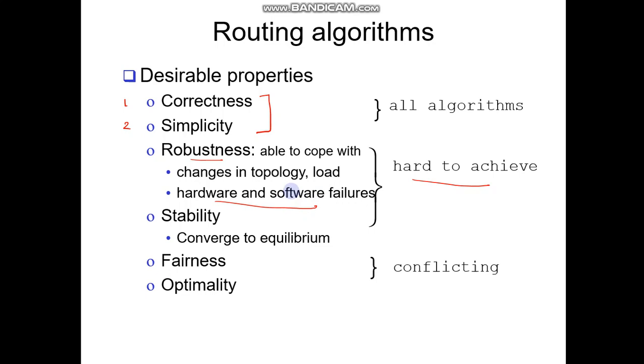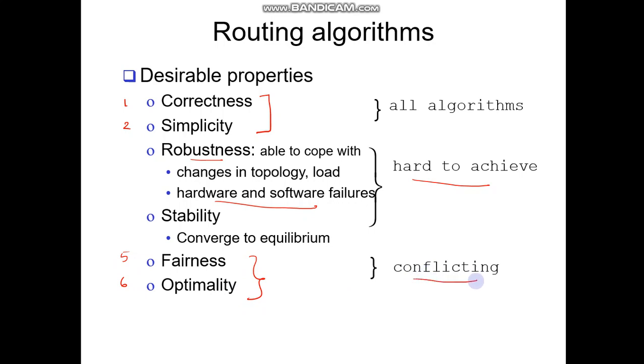So the routing algorithm should work without any problem and route the packet to the destination. And coming to stability, how stable the algorithm is for any conditions of the network. Then coming to the fifth and sixth property, fairness and optimality.